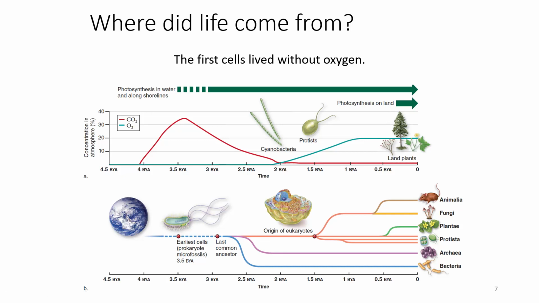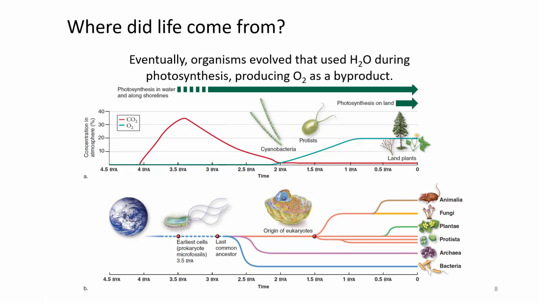So with greater energy comes greater possibilities, and now you see a huge diversification of the types of organisms that were found on the Earth, eventually leading to all of the different 5 kingdoms that you've likely heard of: Animalia, fungi, plantae, Protista, and then Monera, which includes Archaea and bacteria. And as I mentioned, eventually organisms that evolved to use water during photosynthesis produced oxygen as a byproduct. And that's when you started to have the increase in diversity of life.